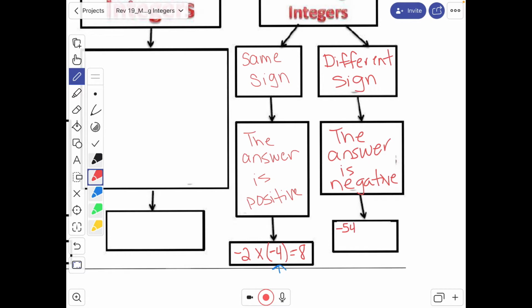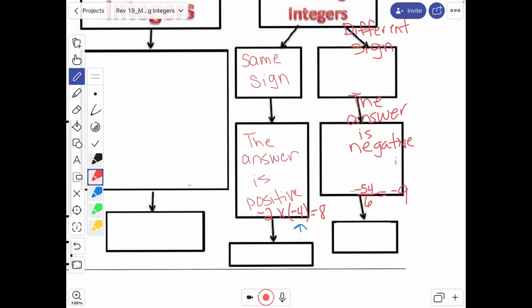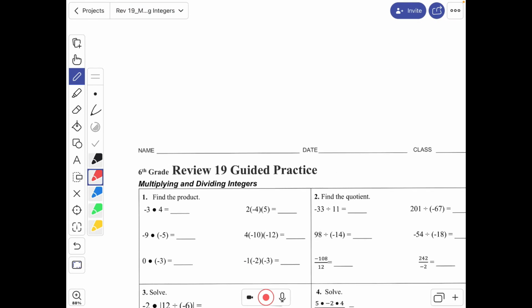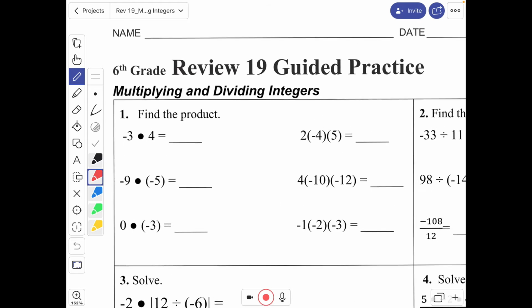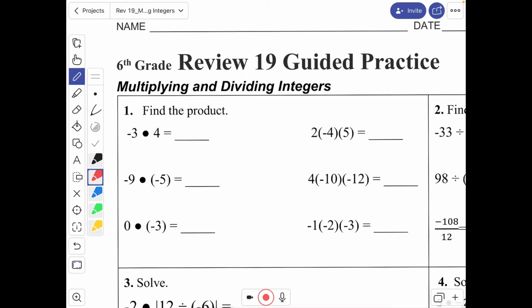For example, if we had -54 divided by +6, the answer would be a -9. So if that's not already written in your notes, you need to copy that down. And let's go to Review 19 Guided Practice.